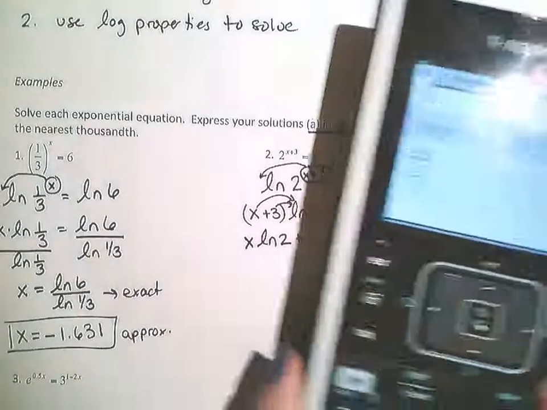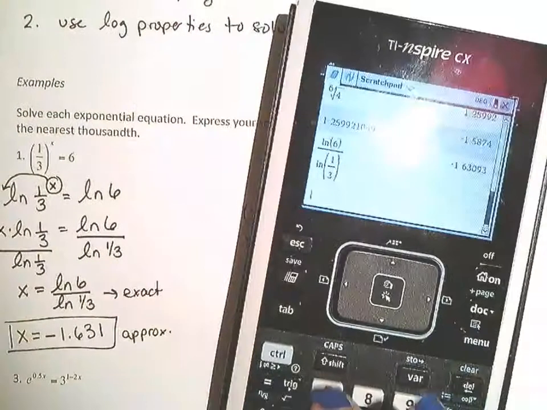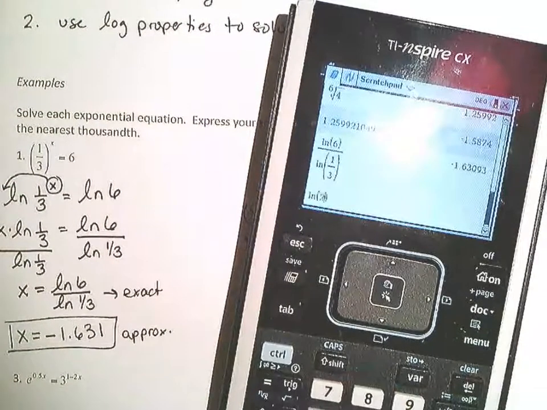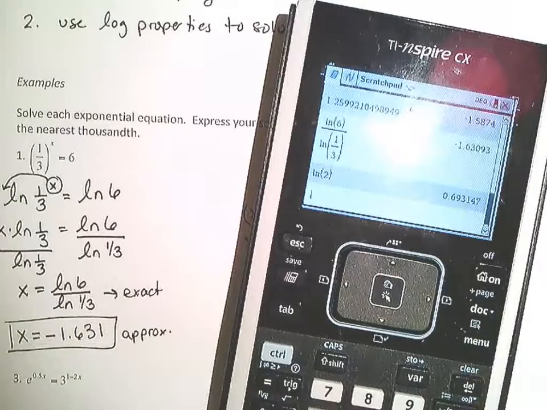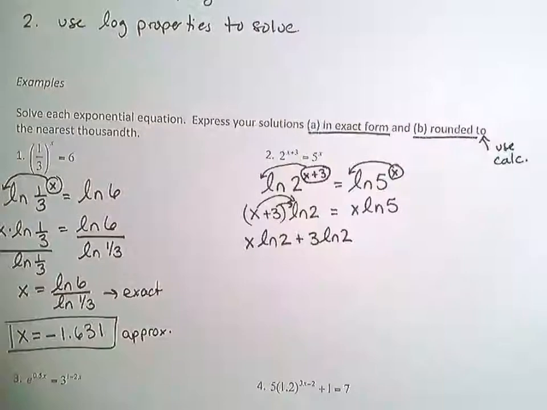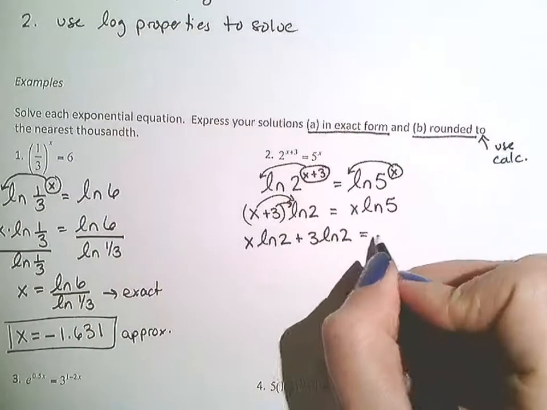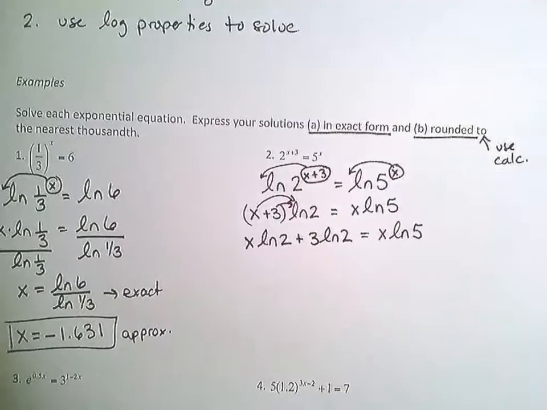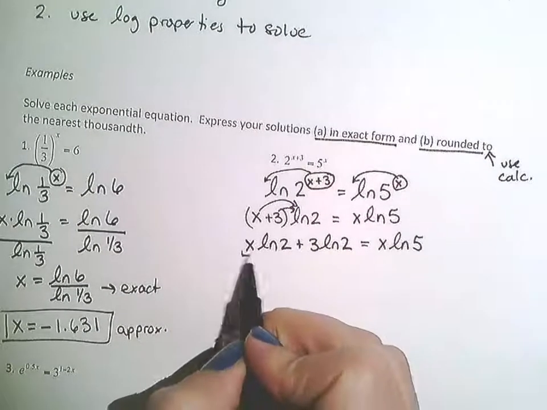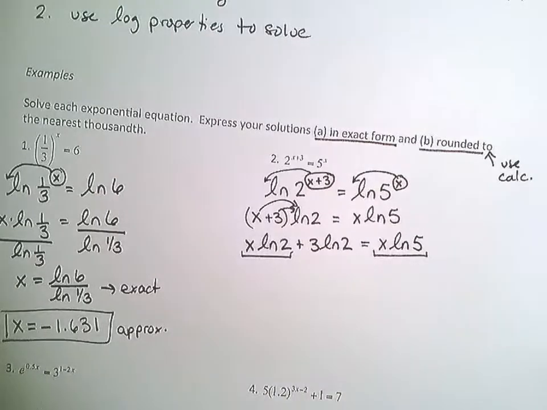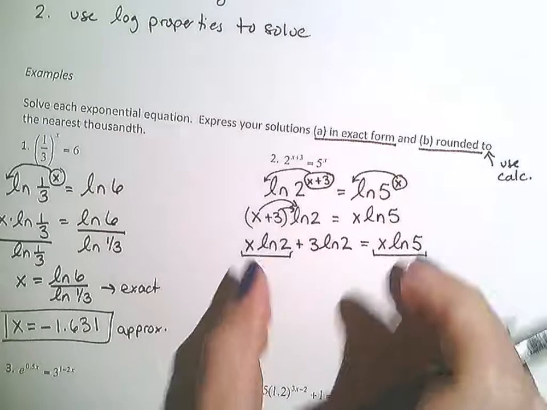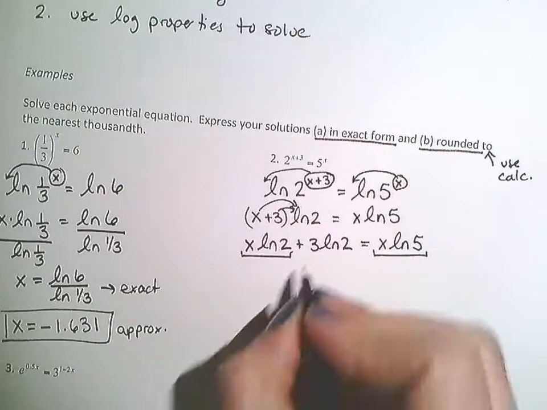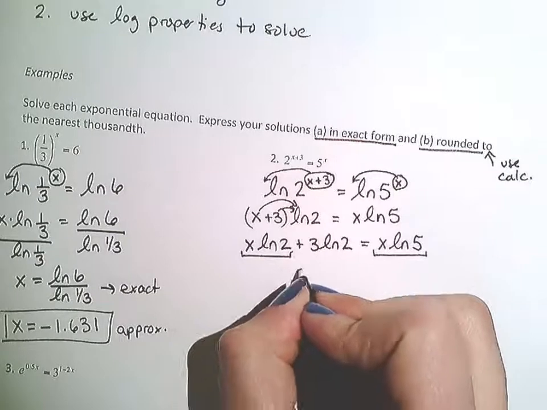The approximate number of ln of 2 is 0.693, but we want the exact answer. And then this equals x times ln of 5. So now I notice that I have an x with this guy and an x with that. So I want to put these guys together on one side, and you'll see why in a minute.